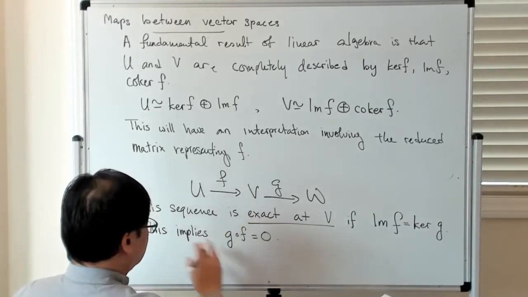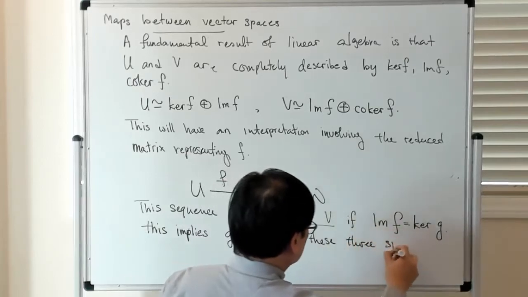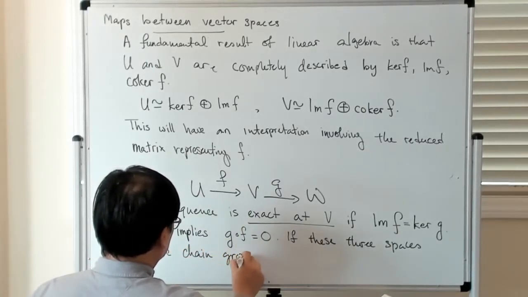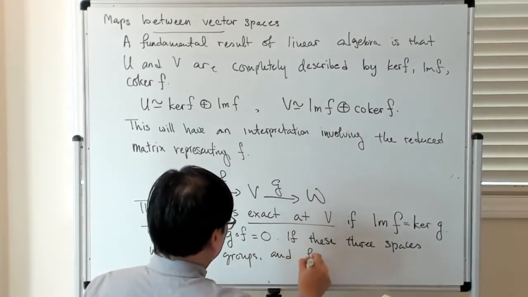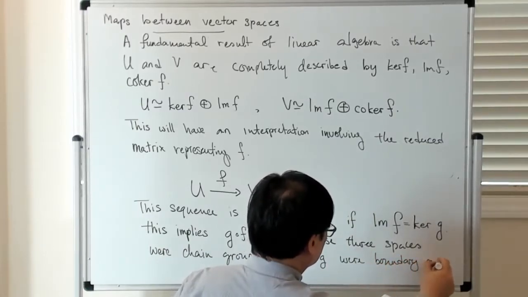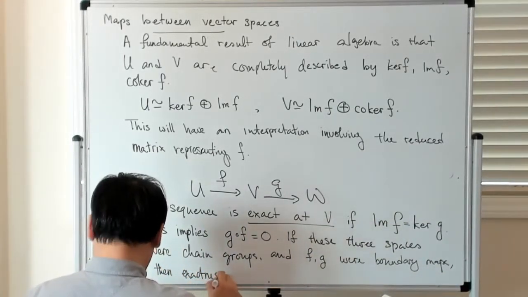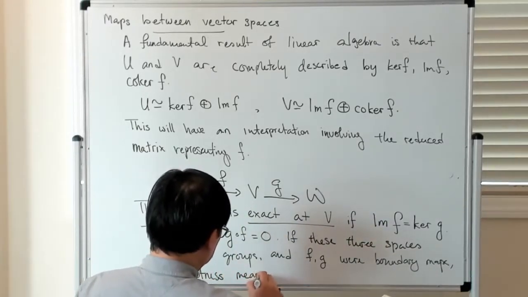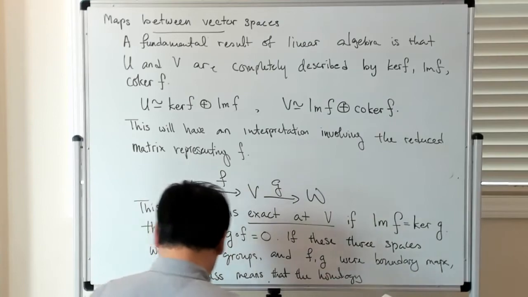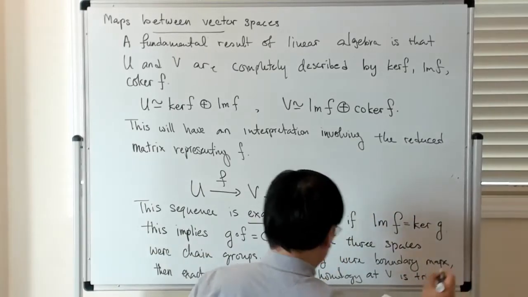Okay, so again, if these three spaces were chain groups, and F and G were boundary maps, then exactness means that the homology at V is trivial, which is what I said before. All right.